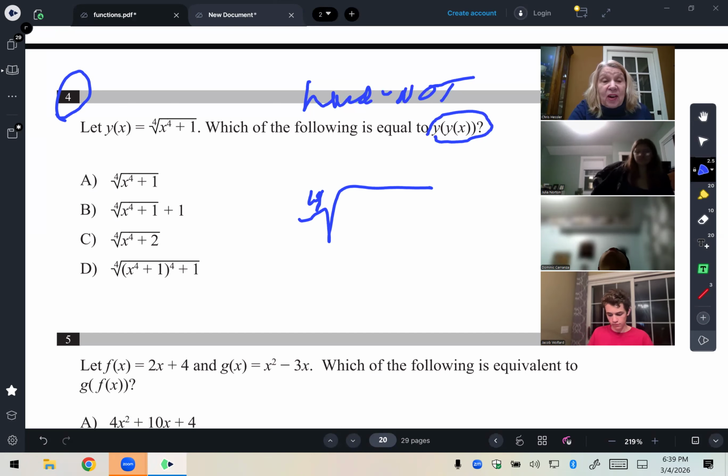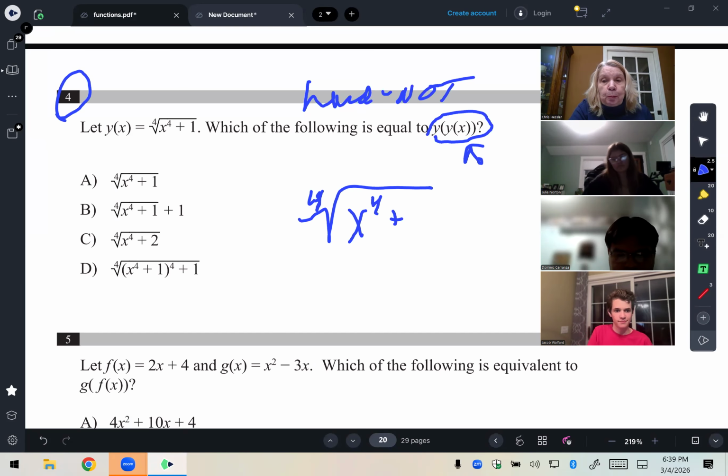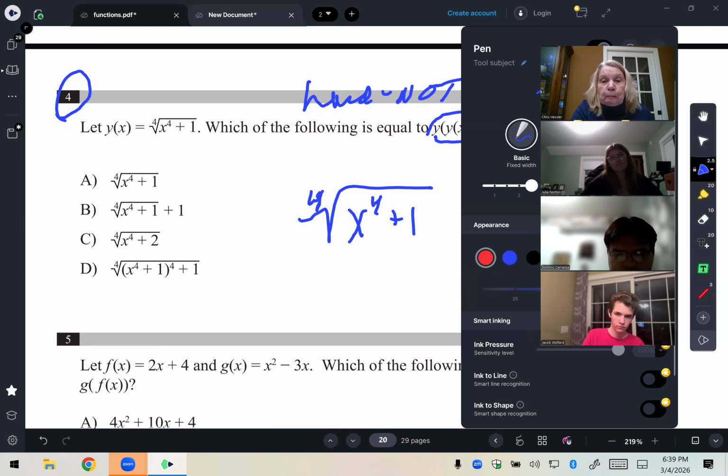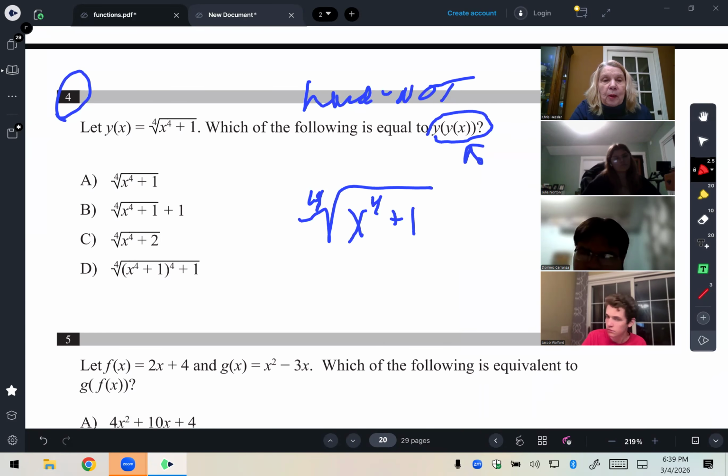So we're putting this function back into itself. So this will be x to the 4 plus 1. And so now she's just gonna put everything that was originally around x around this. So a fourth root, an x to the fourth, or a fourth power, and a plus 1.